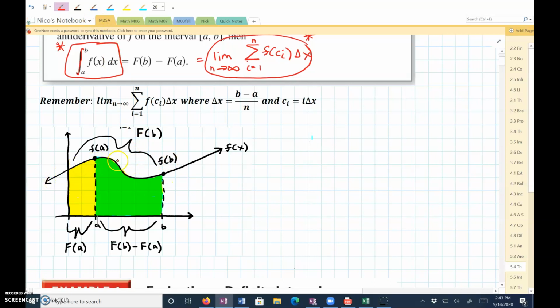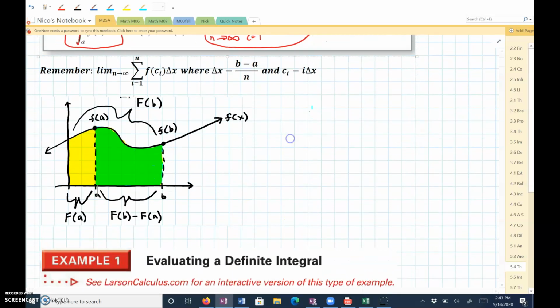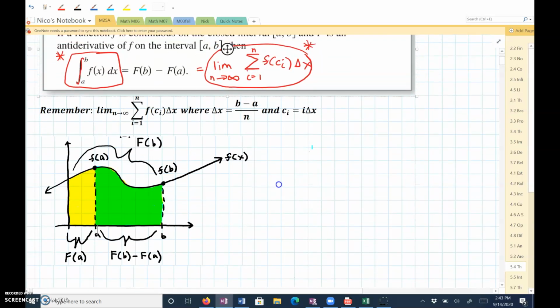So we've got the function f of x here. Okay, and if we integrate it from a to b, F of a would be this area.